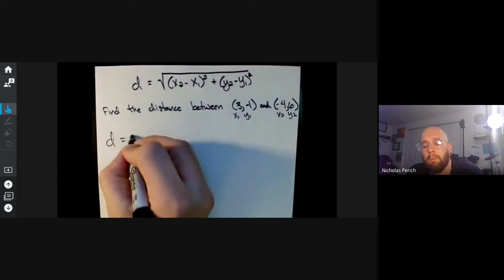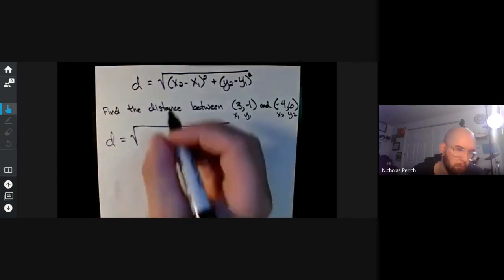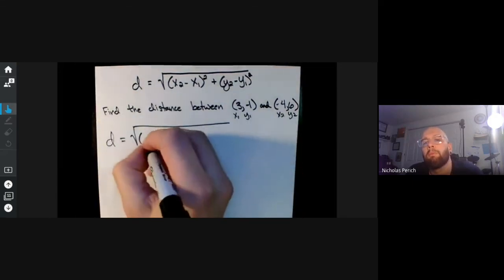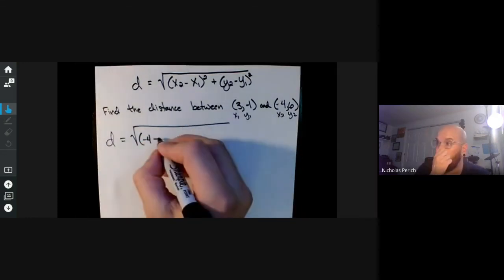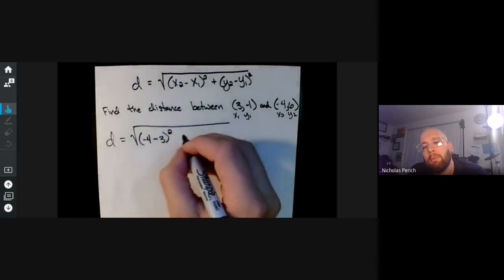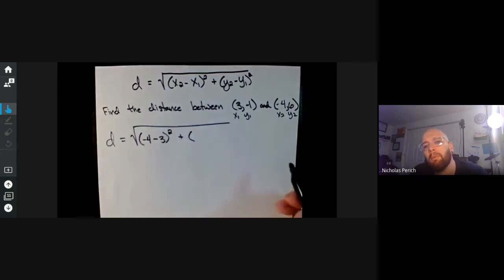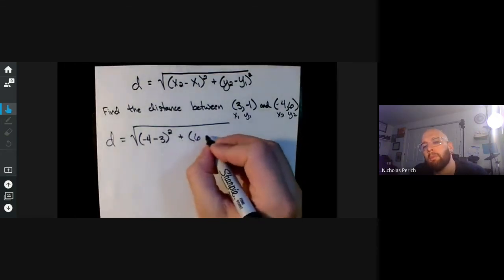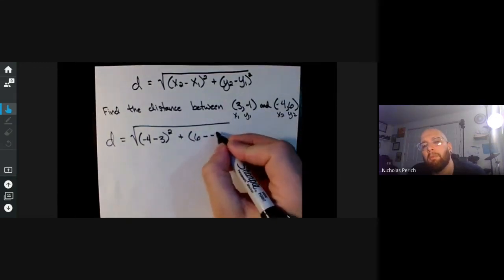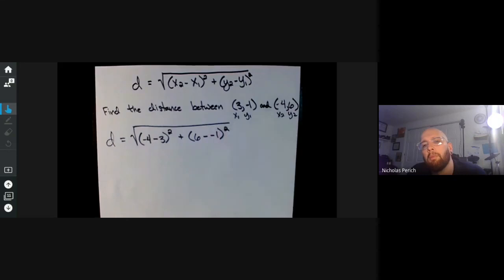D equals a huge square root. X sub 2, in my case, is -4, so I plug in -4 minus x sub 1, which is 3, squared, plus y sub 2, which is 6, minus y sub 1, which is -1, squared again.